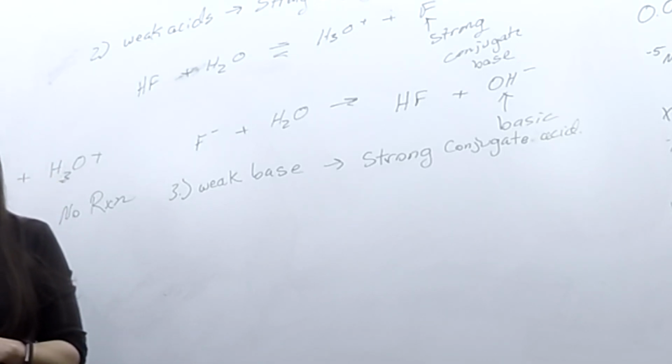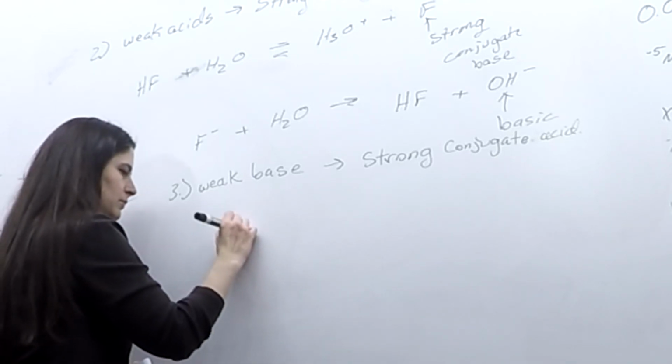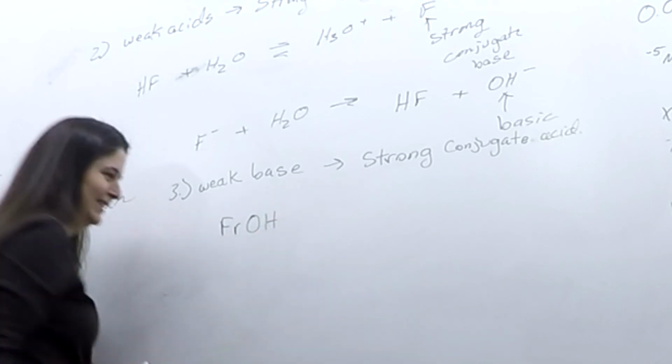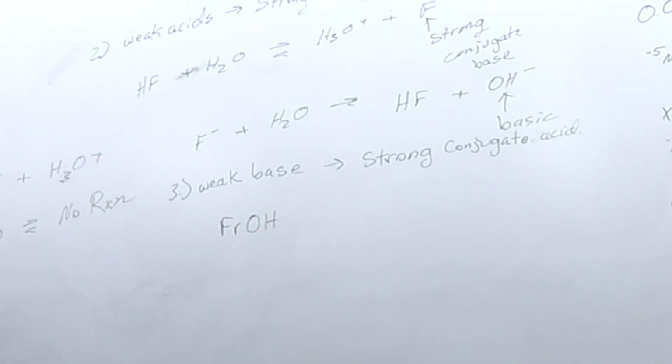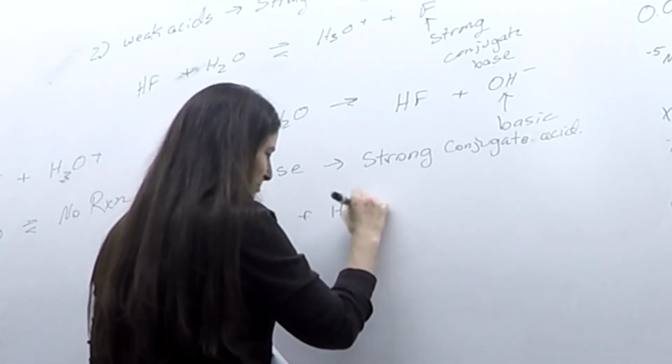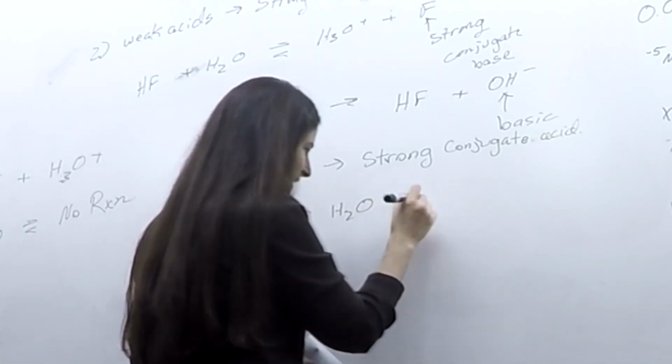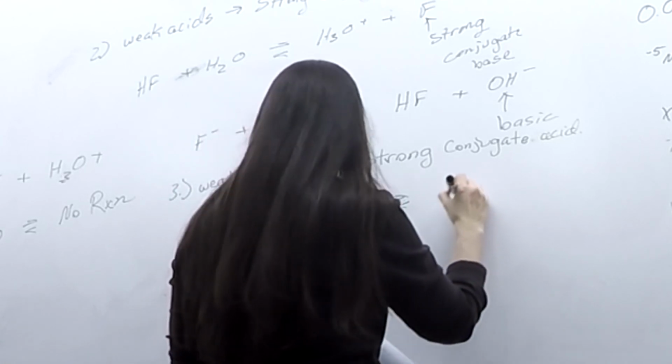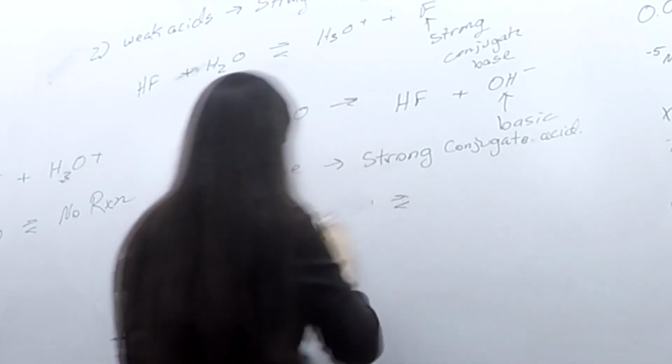All the ones I'm thinking of are, oh, that's good. Francium hydroxide. I've never actually made this. It probably doesn't exist, but it's the only one I can think of.